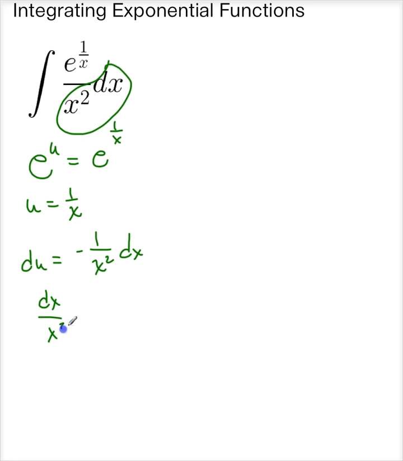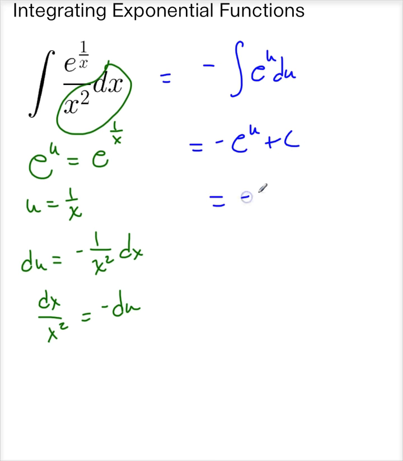Dx over x squared is minus du. So when I rewrite this, it becomes minus the integral of e to the u du, or minus e to the u plus c, minus e to the 1 over x plus c.